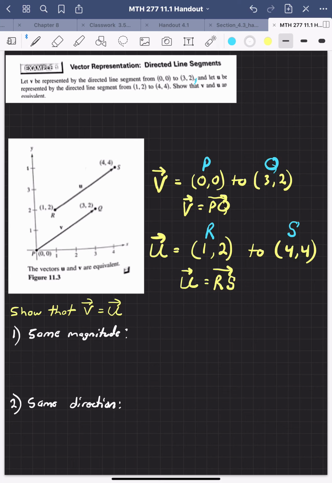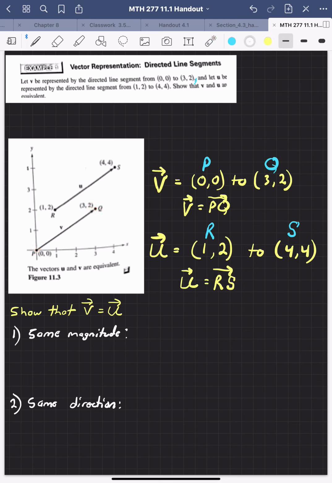All right. So let's start with magnitude. The good news is we have a formula, a distance formula that we can use to capture the distances between any 2 points within a plane.